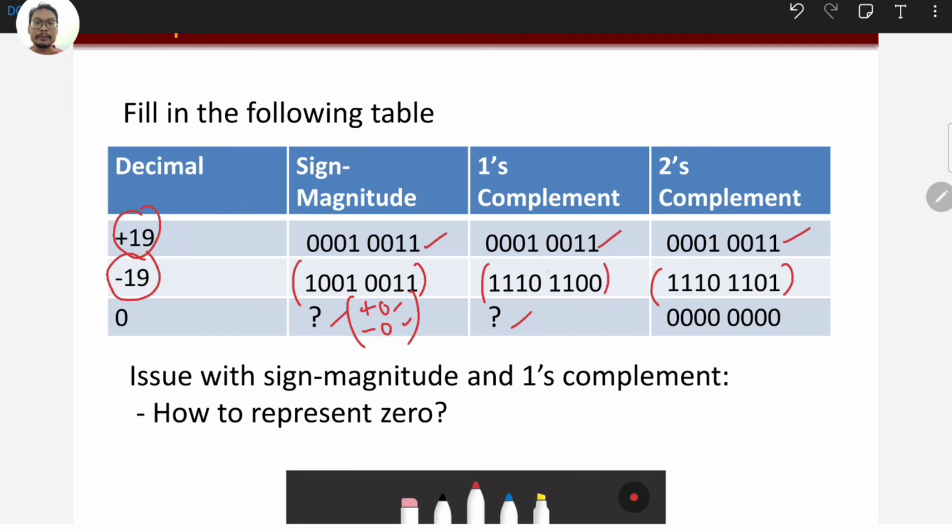Also verify how to represent 0 in 1's complement. This is another positive 0 and negative 0 case. However, in 2's complement there is only one 0. There is no positive 0 and negative 0 in 2's complement.